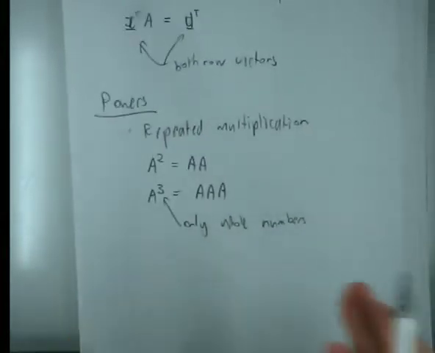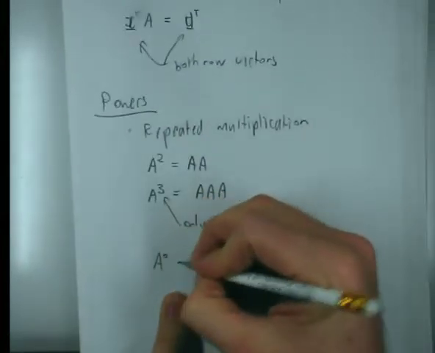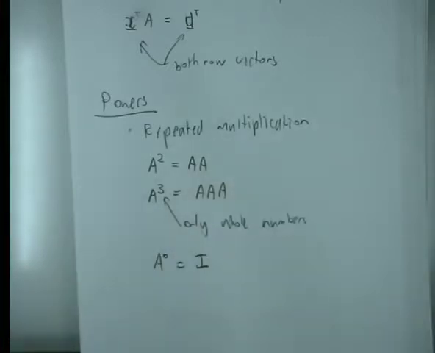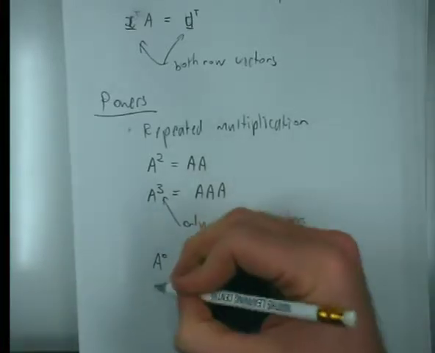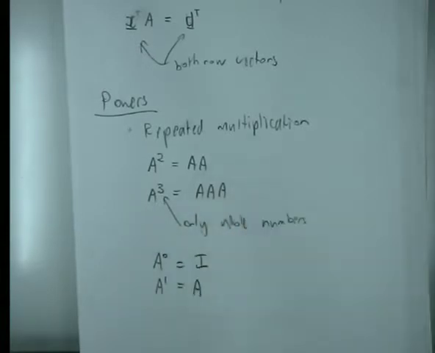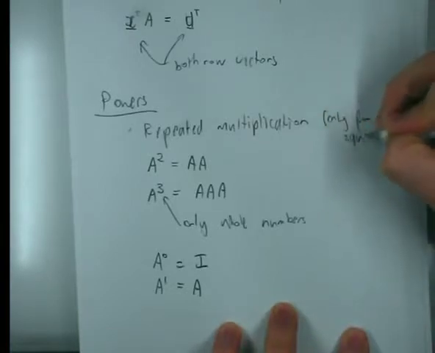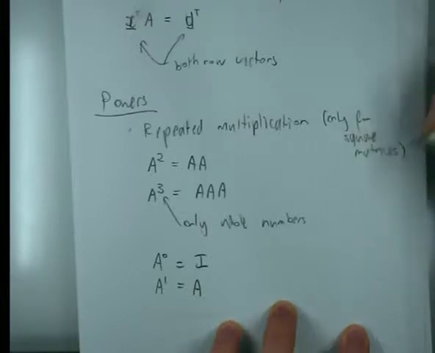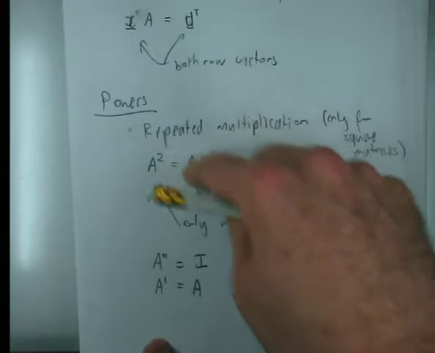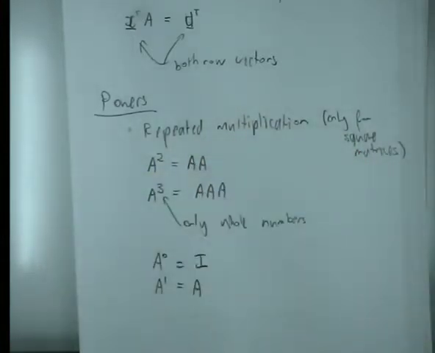Except that A to the 0 is defined to be I, and A to the 1 is defined to be A. And it will only work for square matrices as well. Because to do A times A, the number of columns of A has to match the number of rows of A, so they have to have the same number of rows and columns, and therefore it has to be square.